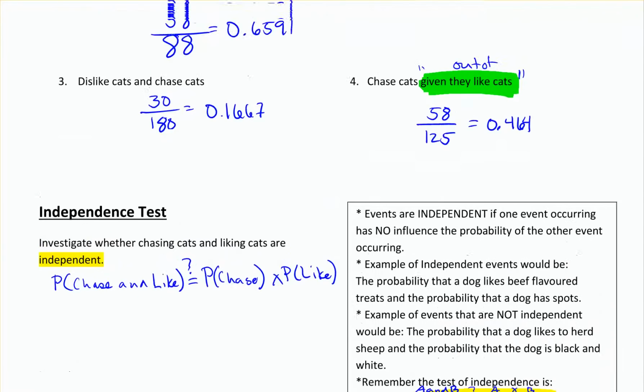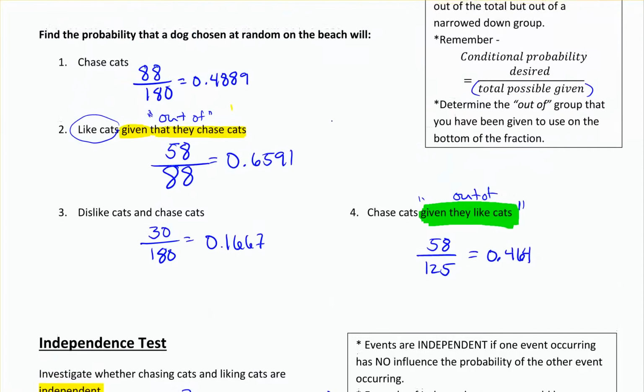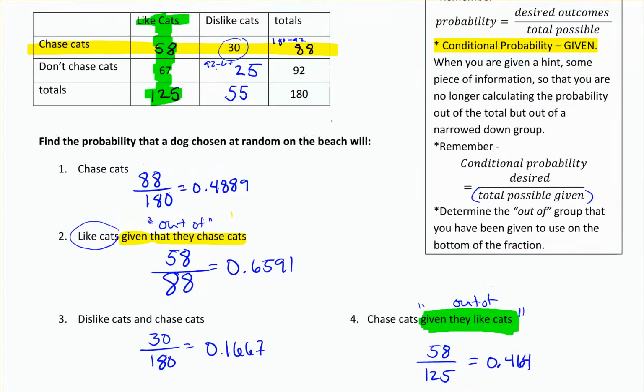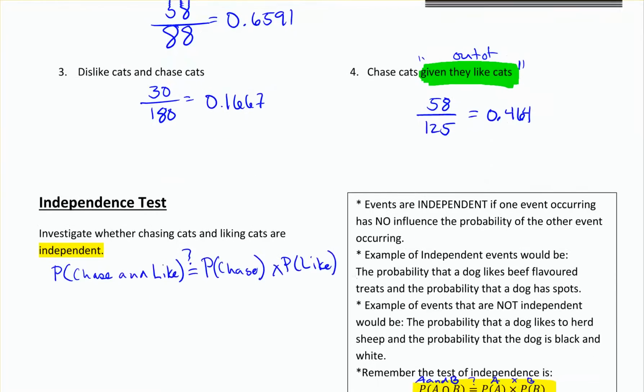So if we go back up to our table, the probability that they chase cats was 88 out of 180, and the probability that they like cats is 125 out of 180. So let's fill out that part of the equation.